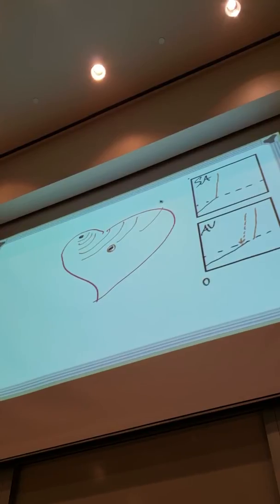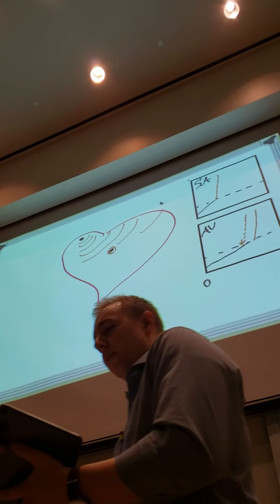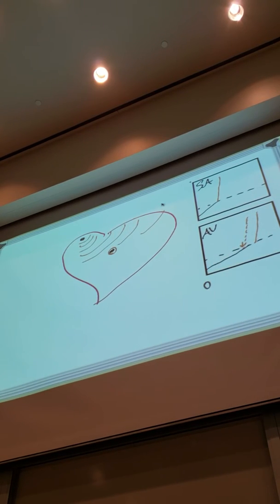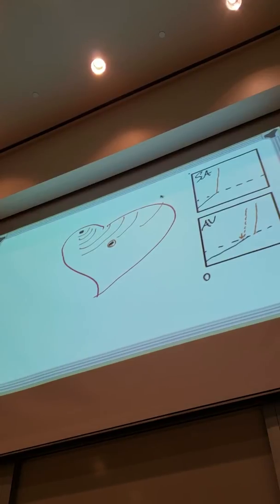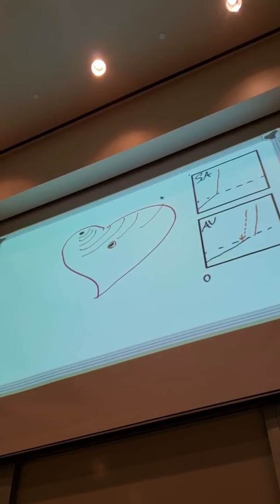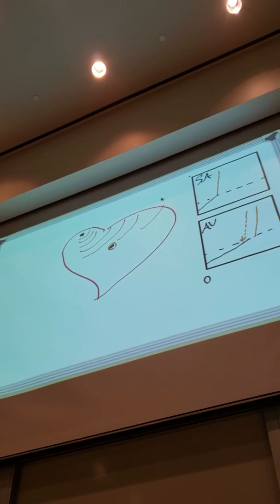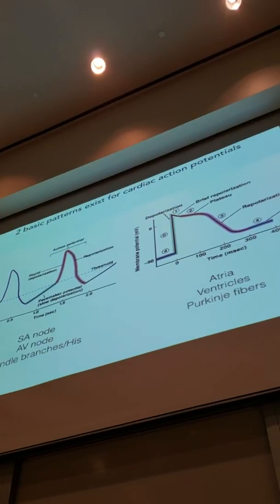Then, if you lose your SA node because you've had a heart attack, myocardial infarction, some cells die, sometimes they're contractile cells, sometimes it's electrical cells. If it's your SA node, you still have a secondary pacemaker. That AV node will take over, basically, because it's no longer controlled by the SA node. Make sense?